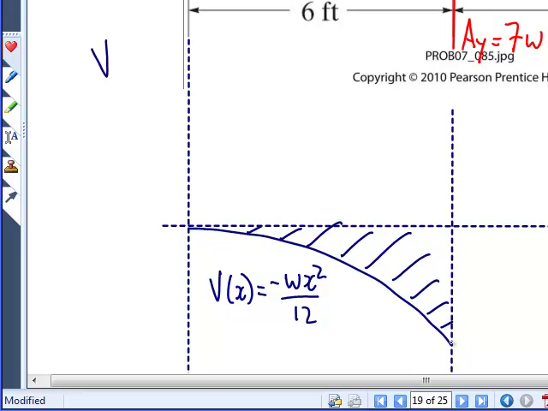So what's the value of the shear at this point? When x is equal to 6 feet, x squared is going to be 36. So it's going to be negative 3W.